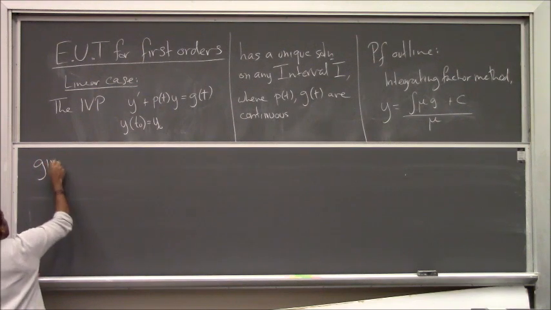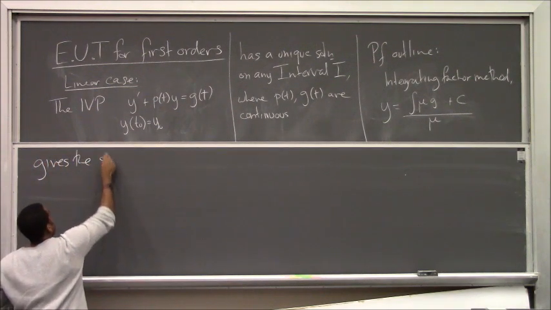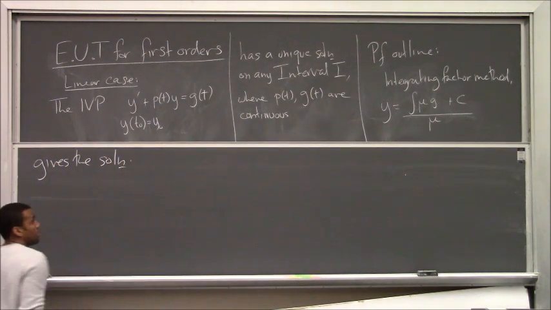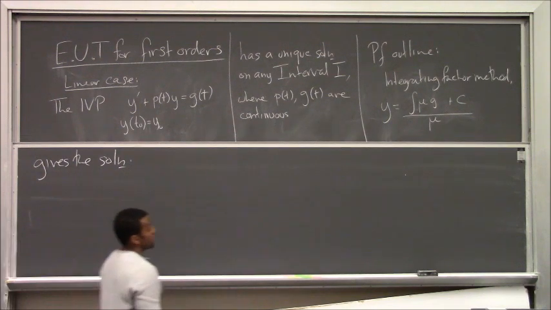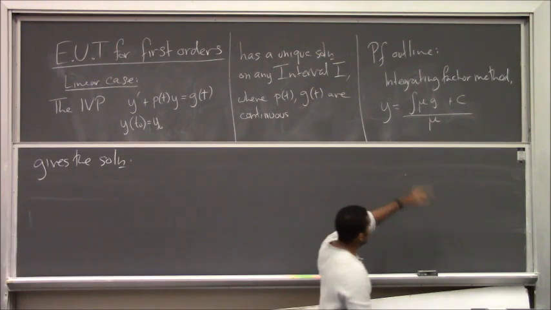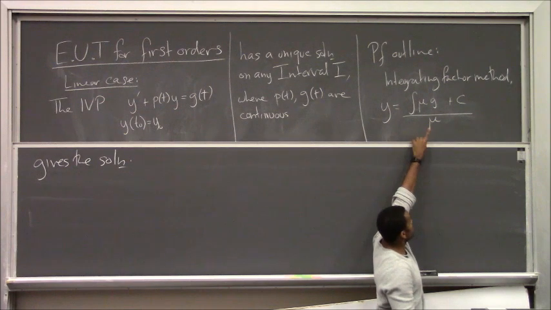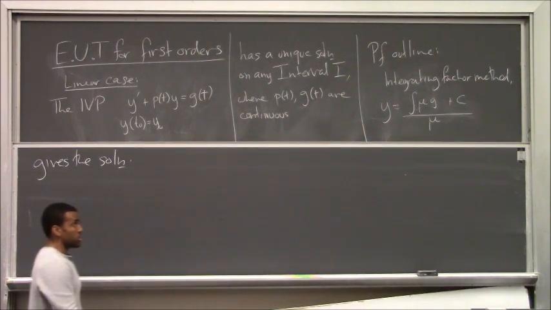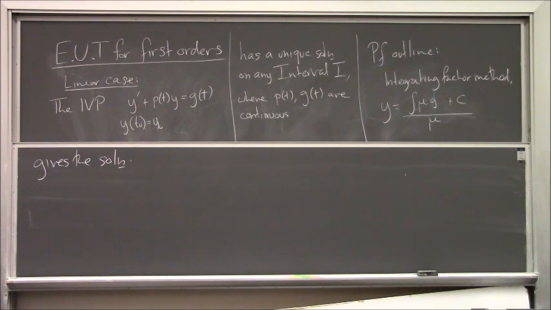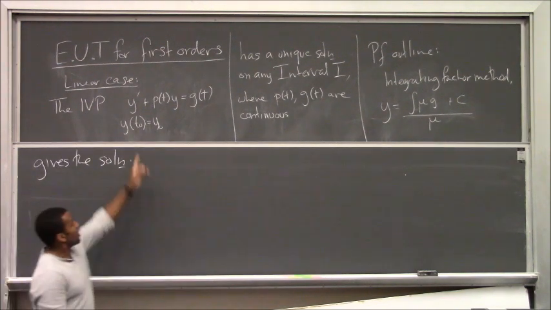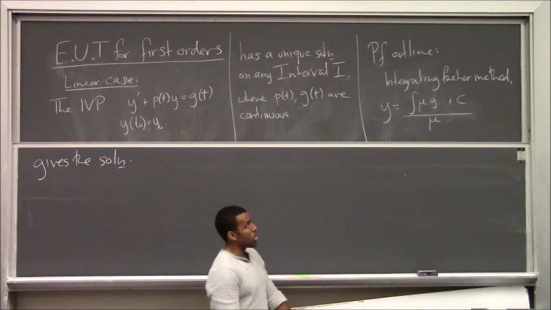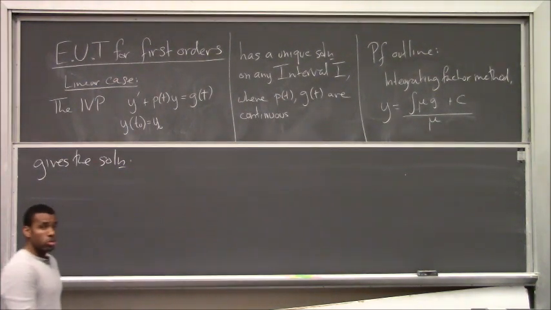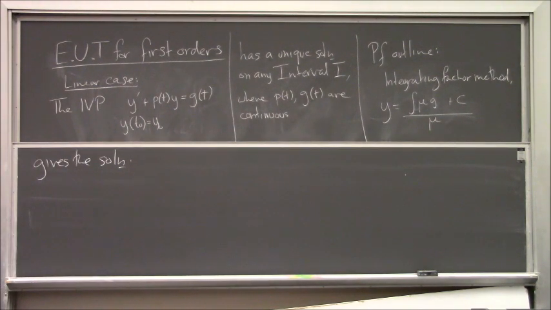That gives the solution. And because all our functions are continuous, mu itself is an exponential. We can integrate a continuous function. The answer might not be nice. We might not be able to express it in elementary functions. However, on some interval, we'd be able to approximate that integral to any desired degree of accuracy. So that's actually not so bad.